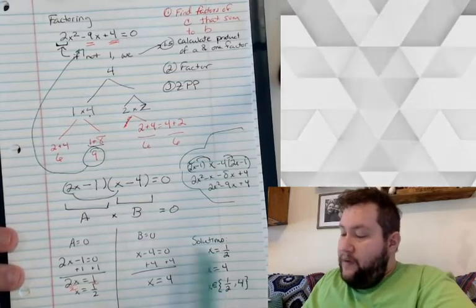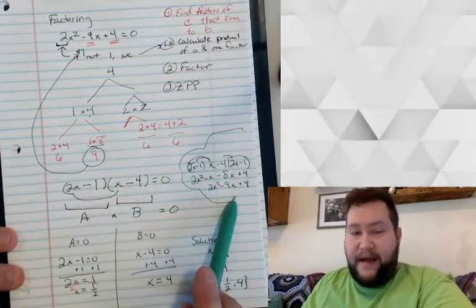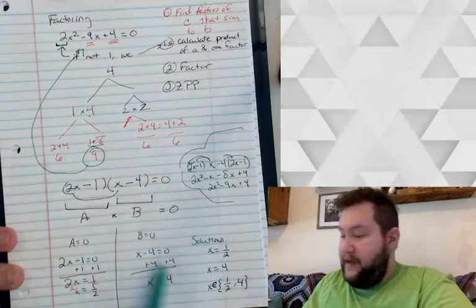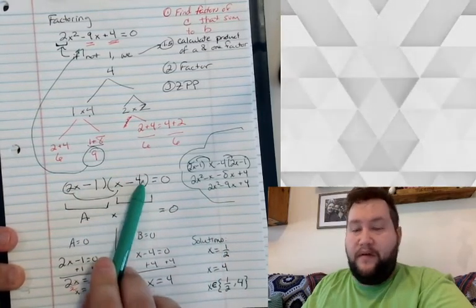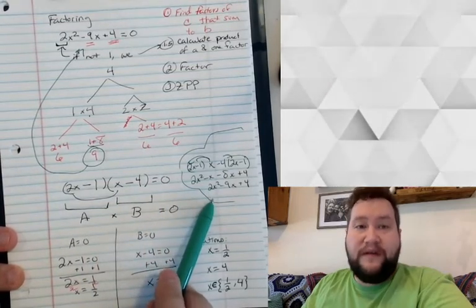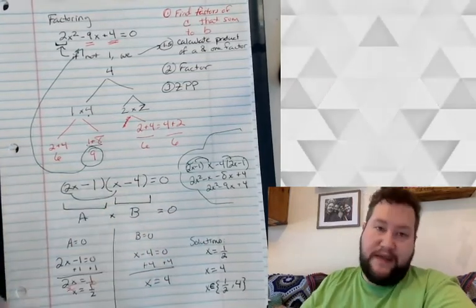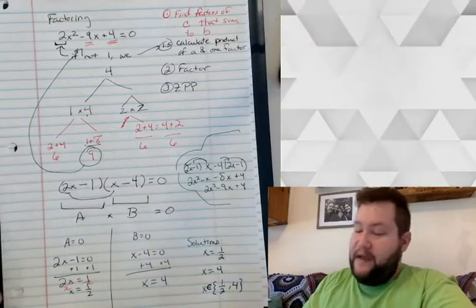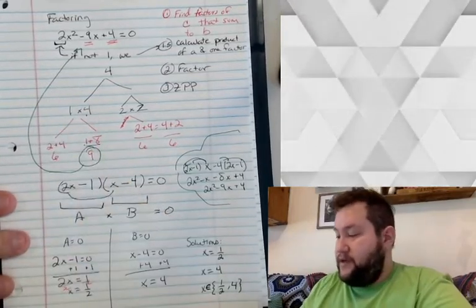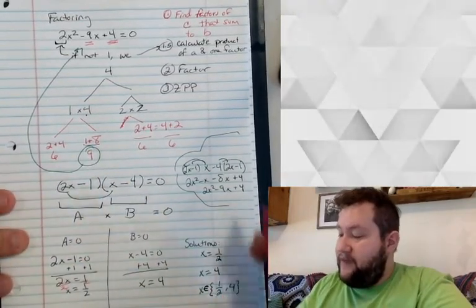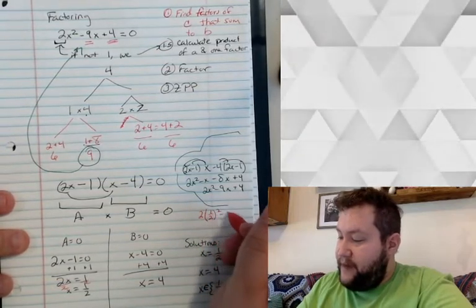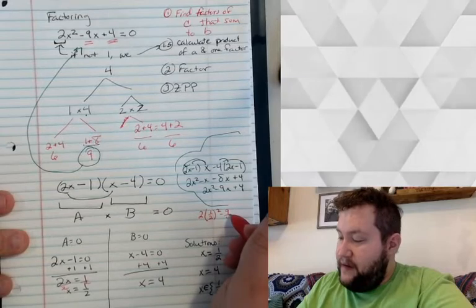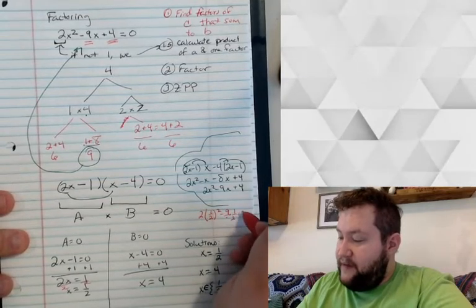And now we know, since this factor multiplied back out to the original, and 1/2 made this one 0, and 4 made this one 0, when we plug them in here, they should give us 0. And so we'll check just on this one, but generally speaking, we won't have to go back and check in the original. So if I have 1/2, I have 2 times 1/2 squared minus 9 times 1/2. I got a little excited.